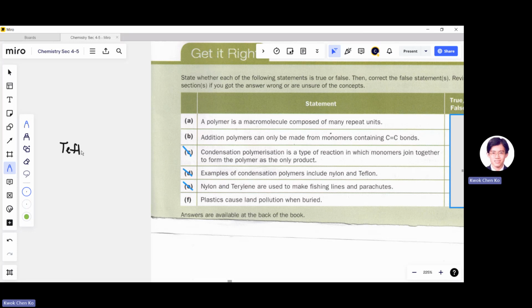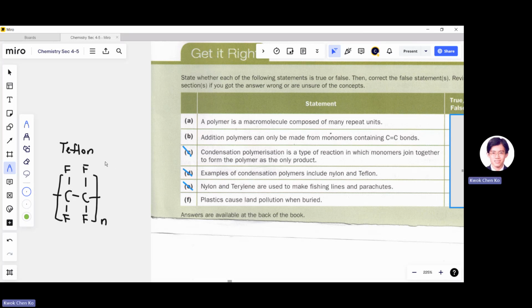This is Teflon. Zayden, this may come up for you. Teflon looks like this. It's a plastic, obviously. You draw the structure there. What do you think?